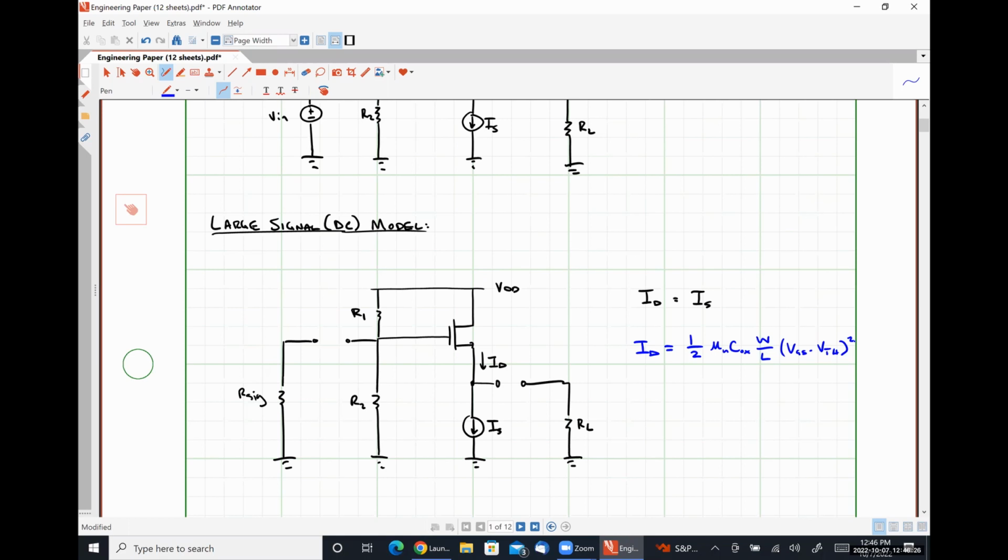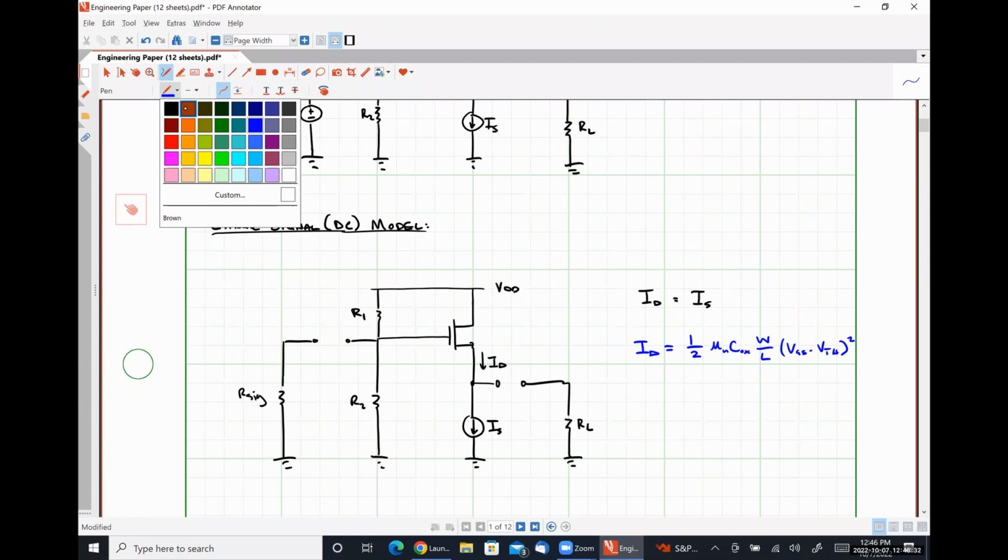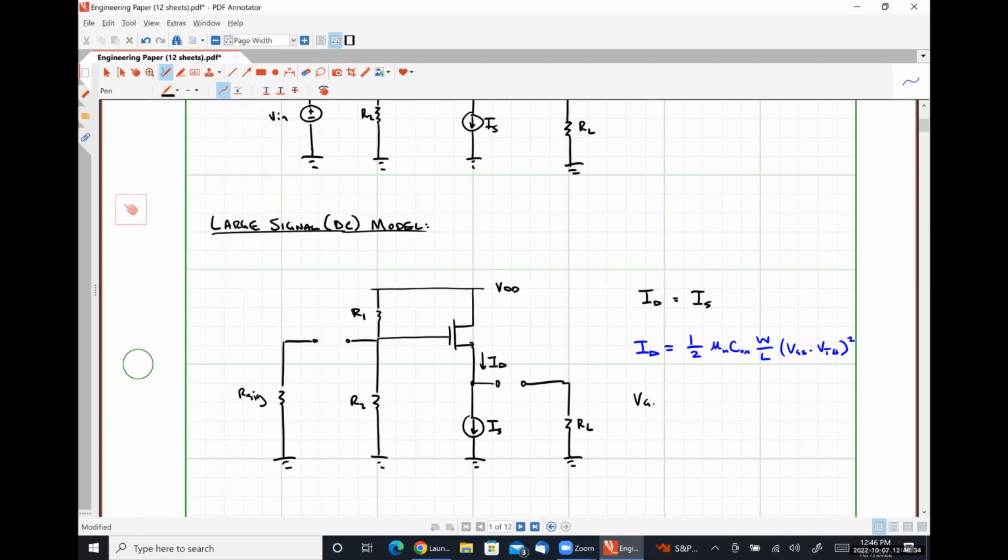So if we do a little bit of mathematical manipulation, we could find that the voltage VGS is going to come out to be VTH plus the square root of twice IS over UN Cox W over L, where this bit right here is more commonly referred to as the overdrive voltage.